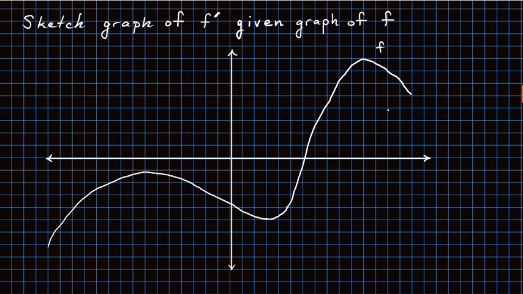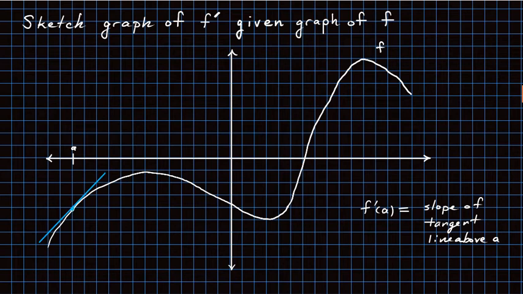Well, we have to remember that f prime at a particular point A is equal to the slope of the tangent line above A. Okay, so for example, if I'm over here at this particular point A, and I look at the graph of f and I draw the tangent line, a little better.